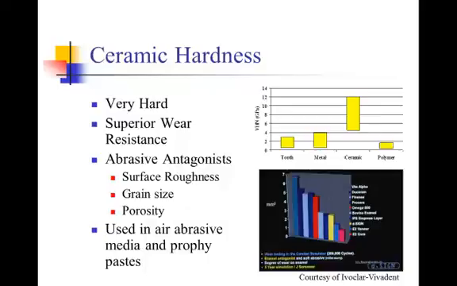So one of the important differences between ceramics and other materials was that ceramics are much harder. And we can see on the graph here, you will see me use these types of graphs several times. And when I do, the yellow bars indicate the range in material property. In this case, Vickers hardness number is the material property.